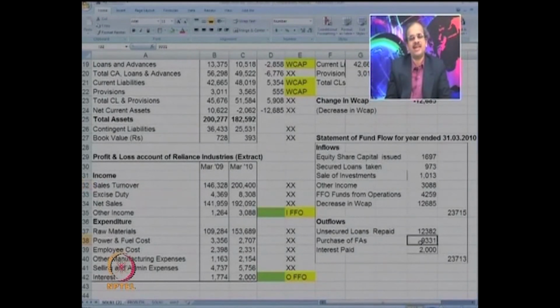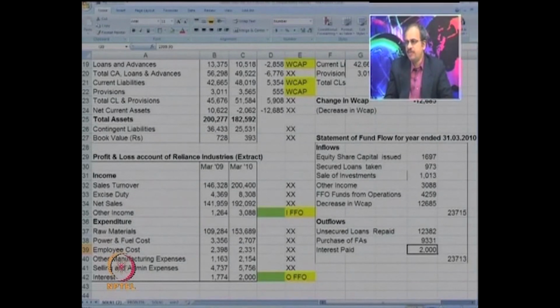You will also see that 9,000 crores was used for purchase of fixed assets, which is a required investment for expansion and also for maintaining the current machinery conditions, not in the sense of repair, but a lot of old machines would have been worn out, so the company has to replace them and also add a few more items in plant and machinery or other current assets. So that is 9,000, and interest paid is of course 2,000. So this is how you can understand how the fund flow statement is made.